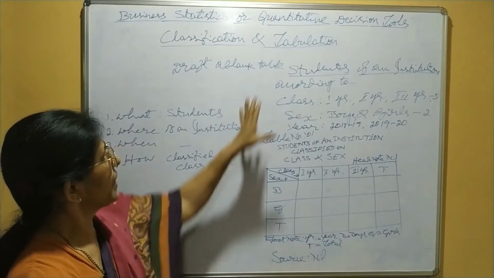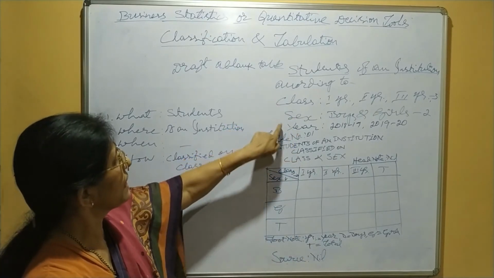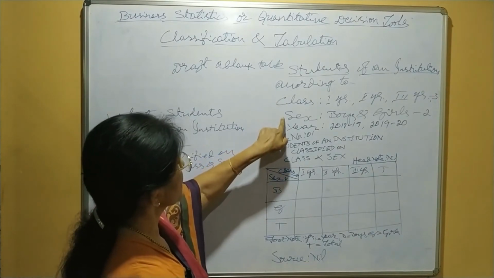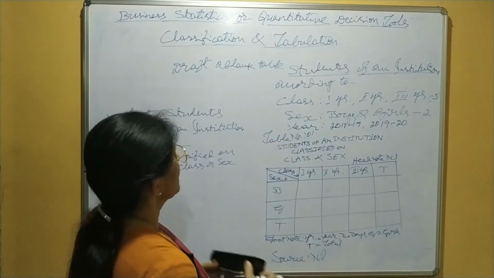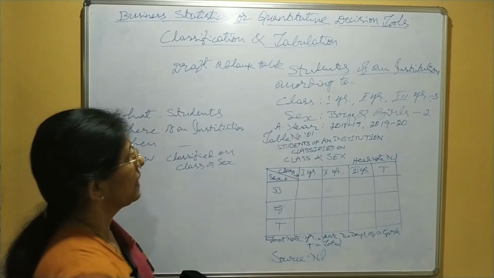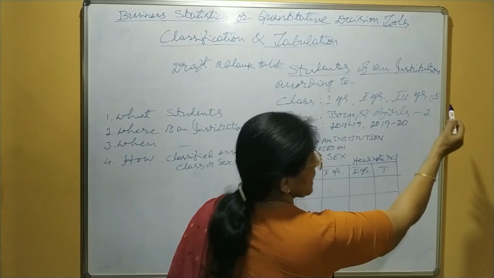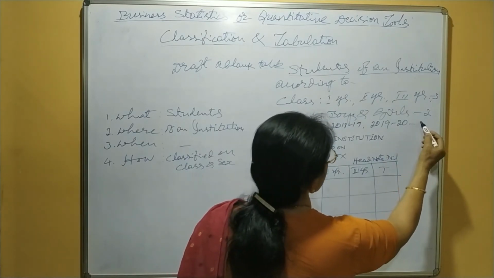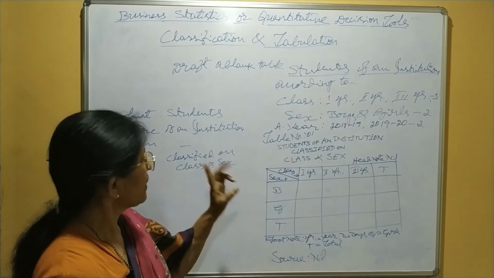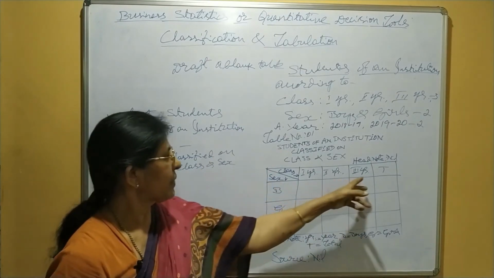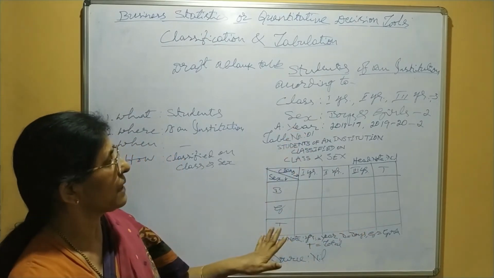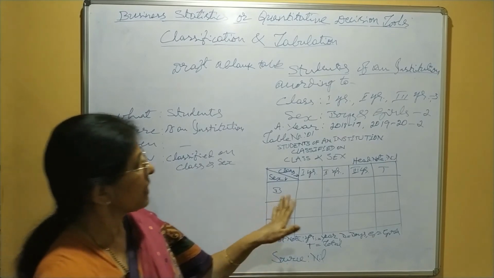How many characteristics are there? 3 characteristics, isn't it? One is class, second is sex, and the third refers to academic year. In the first characteristic 3 aspects, in the second 2 aspects, and in the third also 2 aspects. When only 2 characteristics are there, we accommodate one to columns and another to rows. When 3 characteristics are given, what do we have to do?